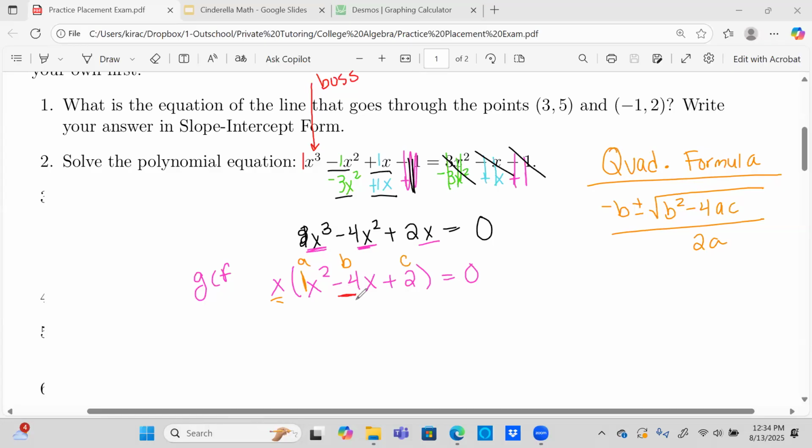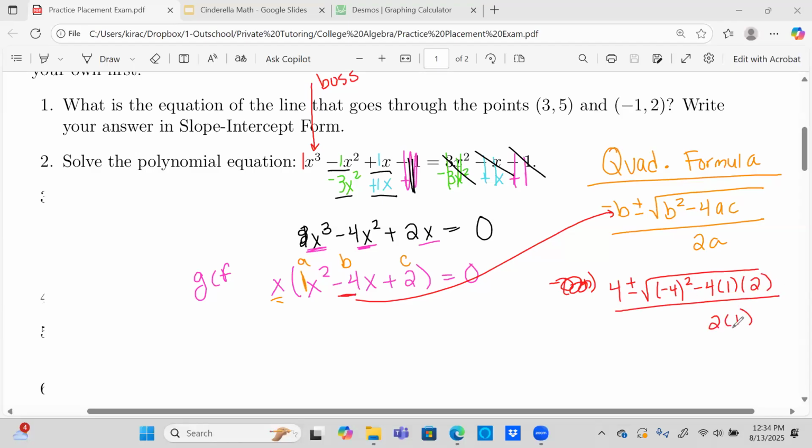All right, going into the quadratic formula, I'll be using a red pen. So our b is negative 4, but the formula says negative, so this is really negative negative 4, better known as 4, plus or minus big root. B is negative 4, so negative 4 squared minus 4 times a times c, all over 2a. 2 times 1 is just 2.